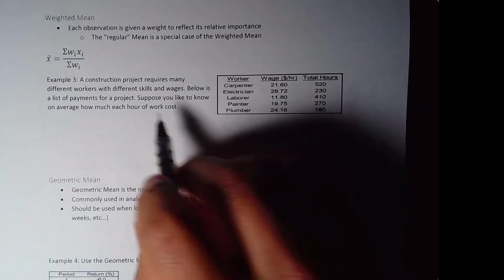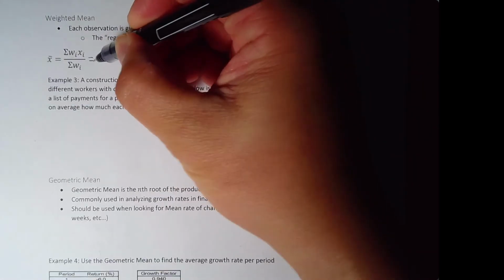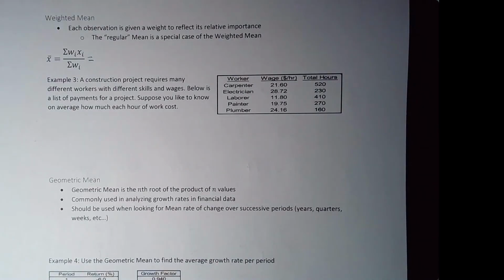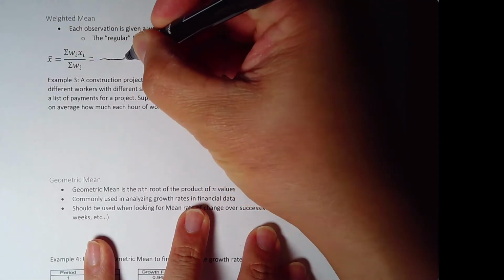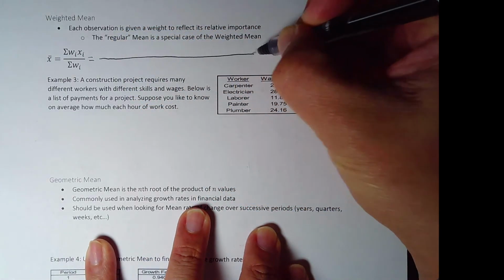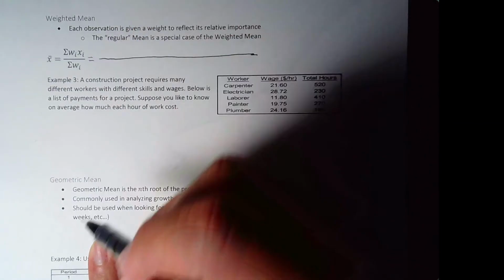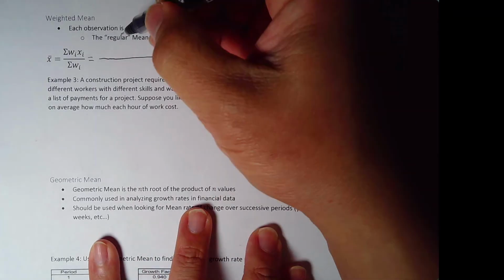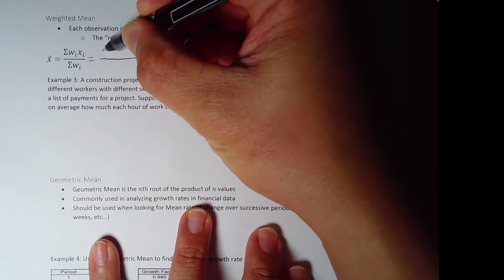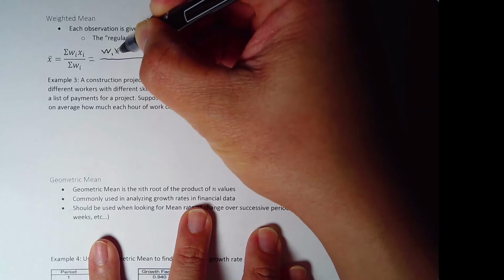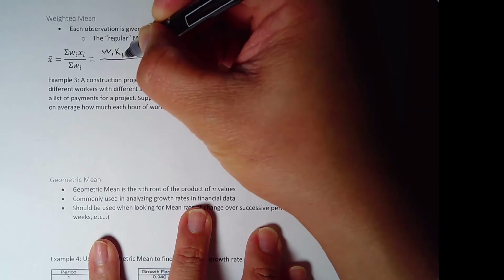Now, with x bar, first, this is a summation on top and bottom. Let's go ahead and write this out and see what's going on. It's always a good exercise to write out the summation notation so that you know what this formula is trying to tell you to do. So I have each of the W's. That's going to be the weight. And I'm going to take the weight multiplied by the observation.